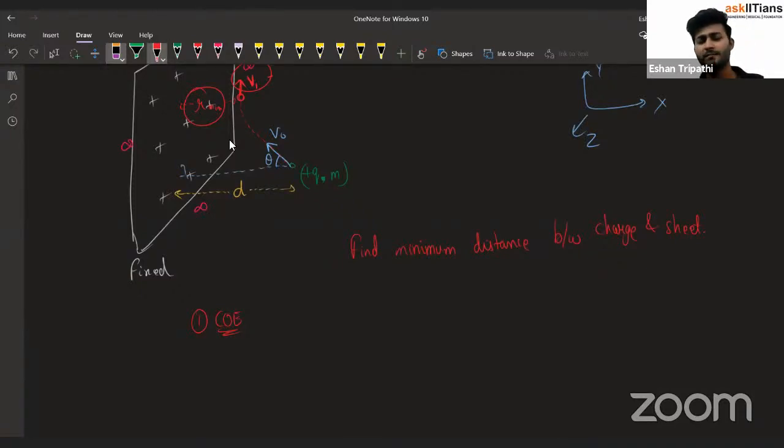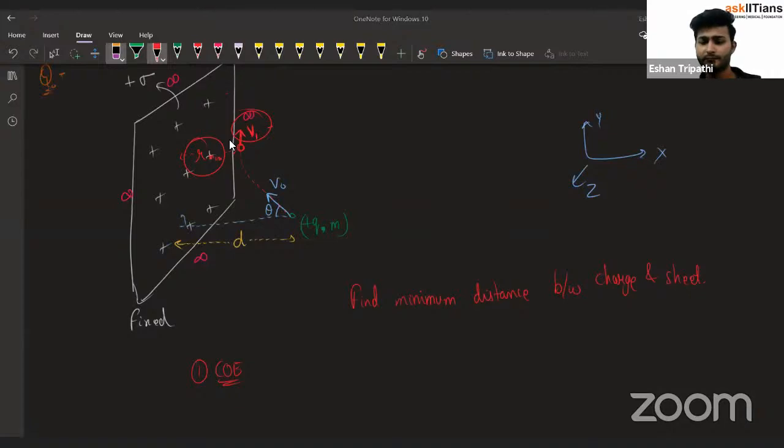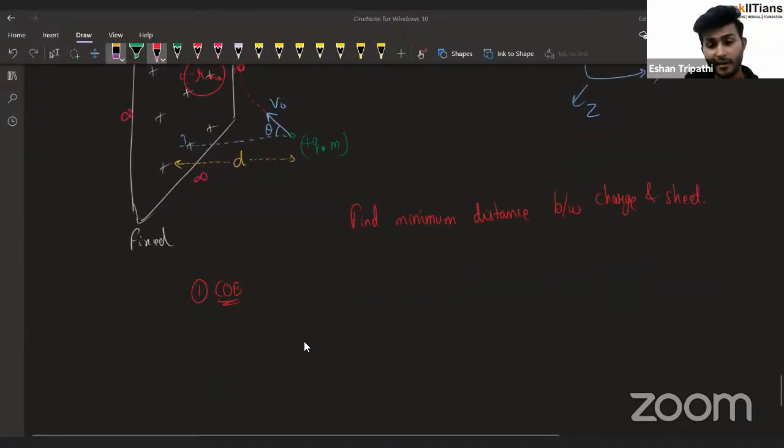Which energy is being gained? Yes, Neil, correct. Kinetic energy is being lost and electrostatic potential energy is being gained. Correct. Gain in electrostatic potential energy equals loss in kinetic energy.